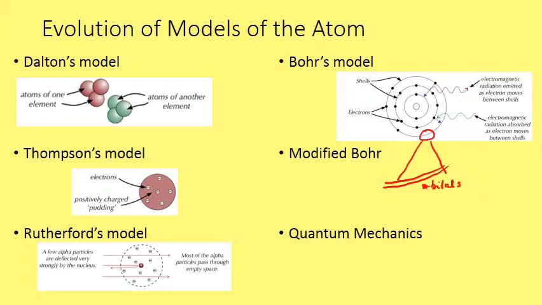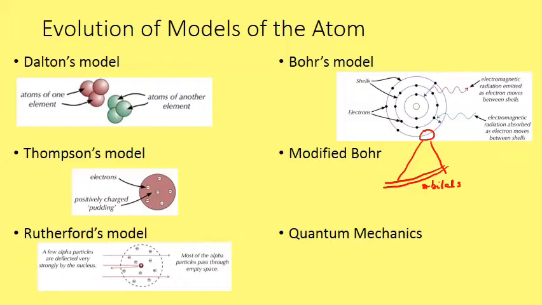They found from experimental evidence that the electrons in a shell didn't all have exactly the same amount of energy. They had slightly different amounts of energy, and that led to the idea of there being orbitals within an energy level. That became the modified Bohr model, and that's the one that we work with at A level.